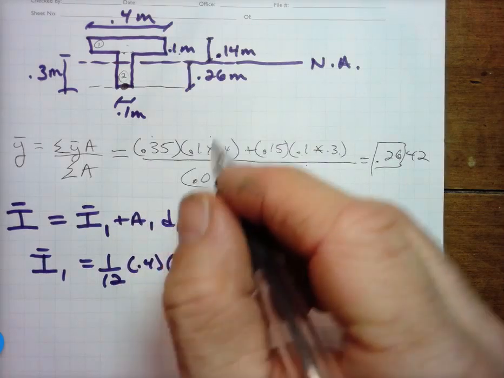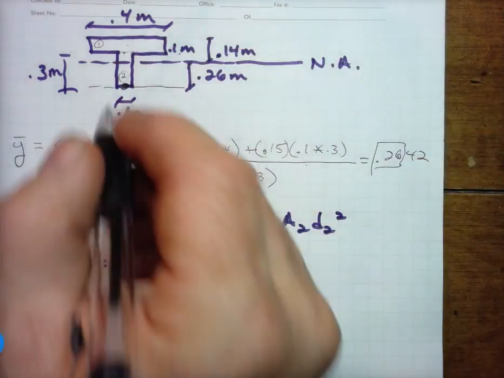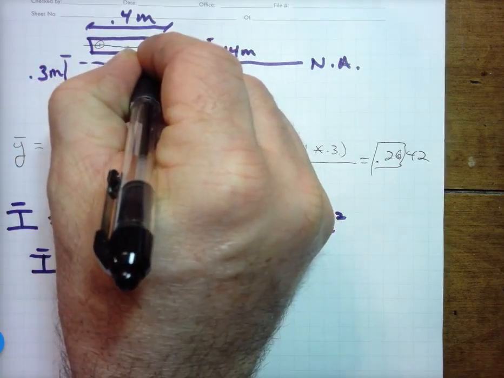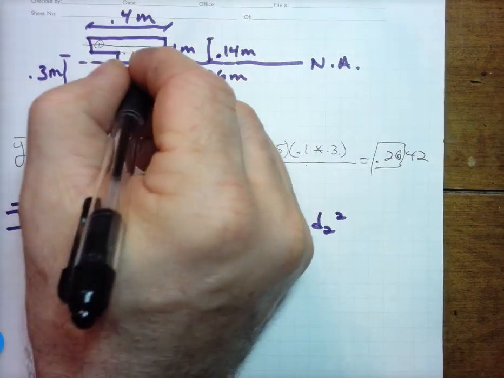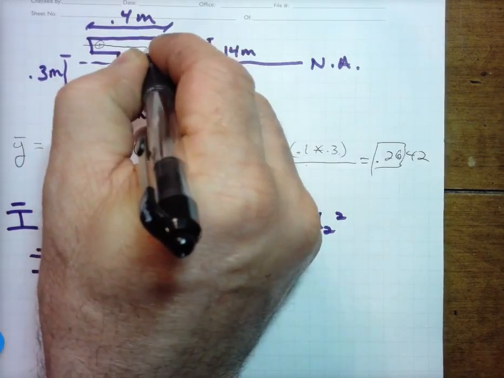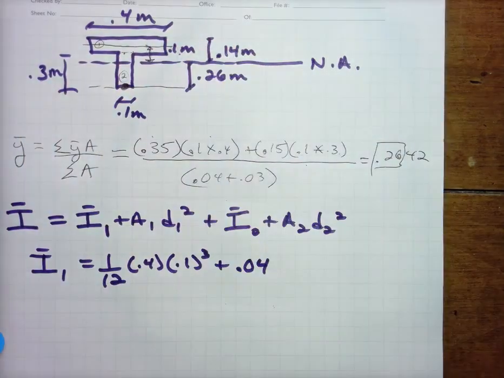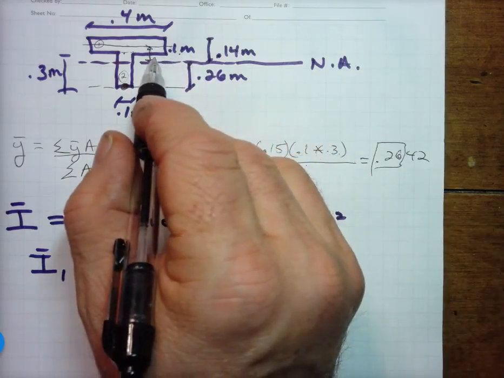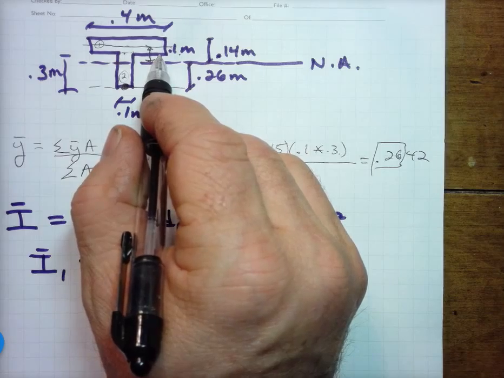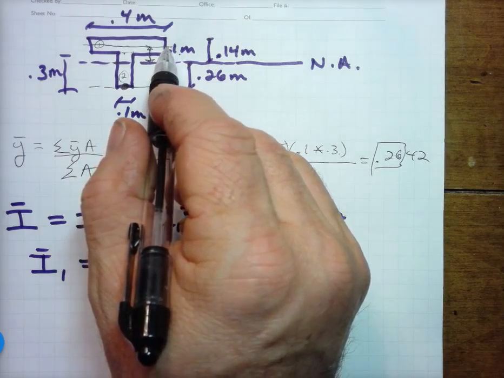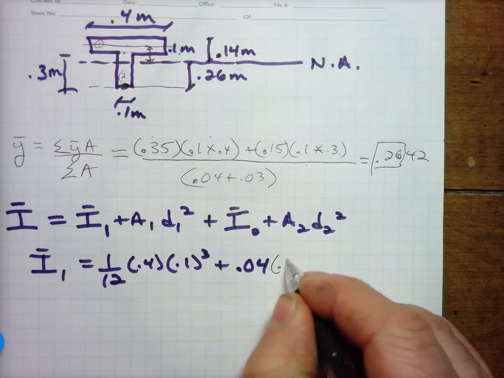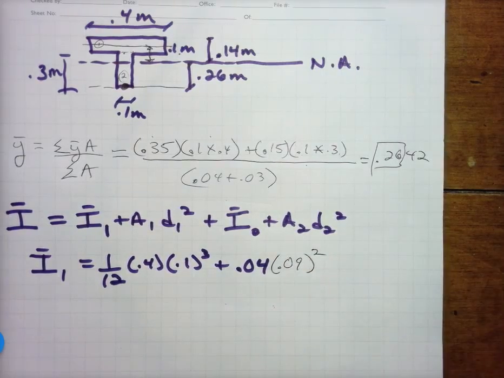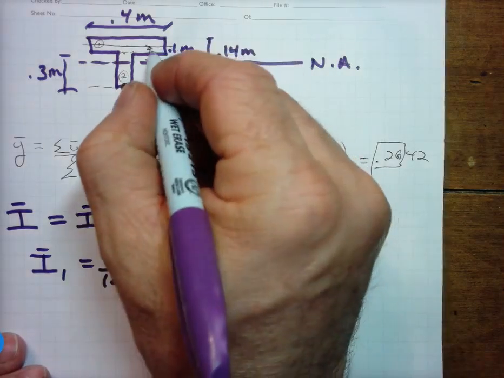And the distance is the distance from the centroid of piece 1 to the neutral axis. That's the d in the parallel axis theorem. Let's see, it's 0.26, so it's 0.04 up to the bottom, and then another 0.05, it's 0.09, squared. So d1 is 0.09.